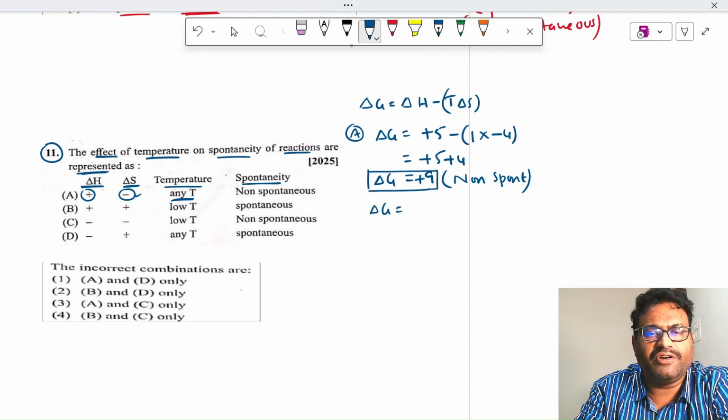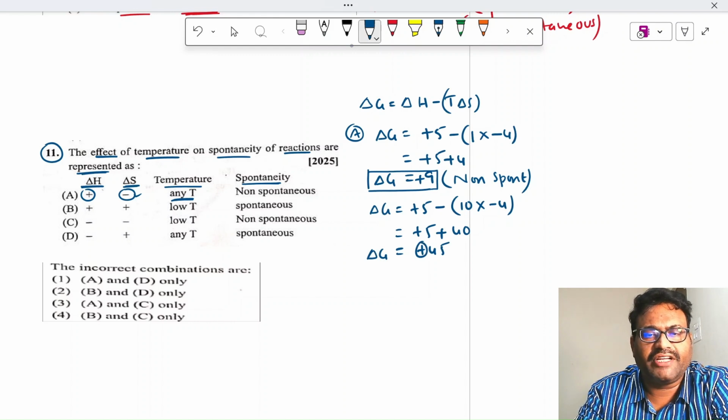Delta G is equal to plus 5 minus, I am increasing the temperature up to 10 for example, into minus 4. So that is equal to plus 5 plus 40, then that is equal to plus 45. So delta G again we got positive. Again non-spontaneous.